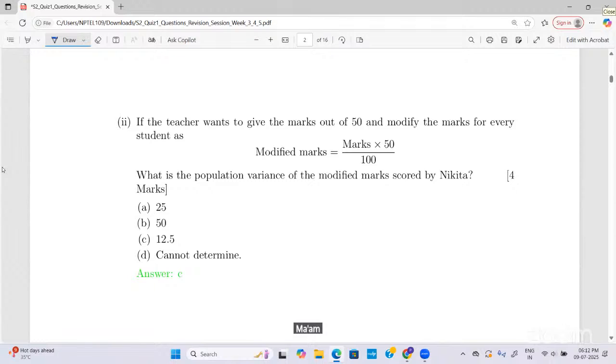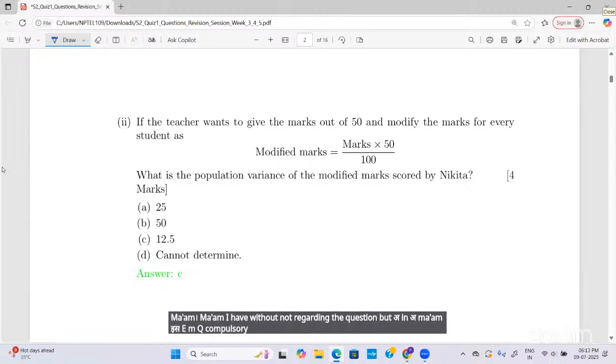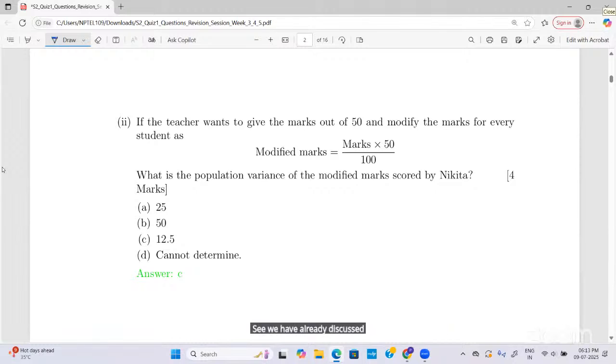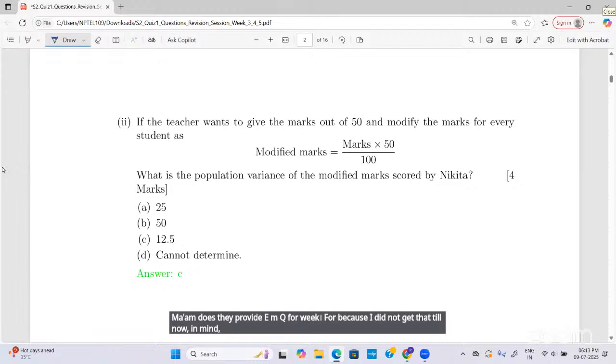Ma'am, I have a doubt not regarding the question, but is EMQ compulsory or is it graded? See, we have already discussed this, that week 5 EMQ is not graded. So don't worry about it. Does the portal provide EMQ for week 4? Because I didn't get that till now in my tab.